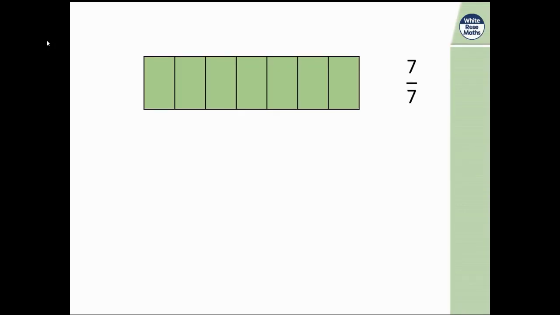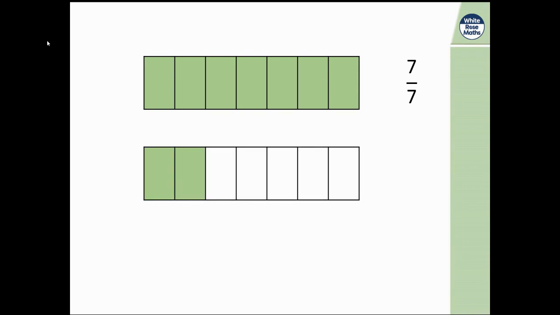Okay, so as you can see, it was a fraction, and that is showing 7/7 on the bar model, which more often than not, instead of saying 7/7, we say 1 whole, because it's 7 parts of 7 that are being highlighted.